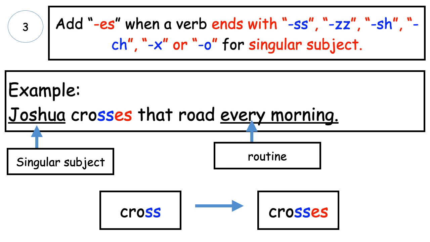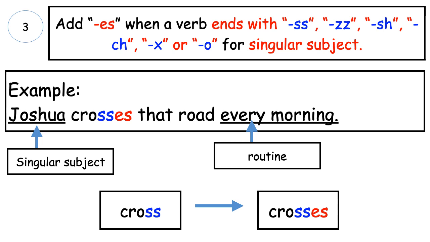Okay. The third rule. Add ES when a verb ends with SS, ZZ, SH, CH, X, or O for singular subject. Alright, the example. Joshua crosses that road every morning.